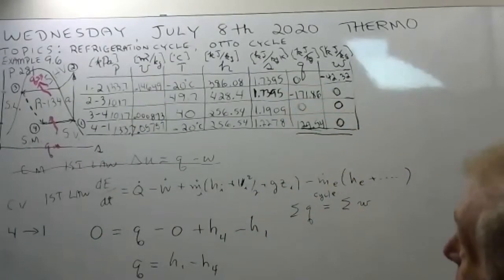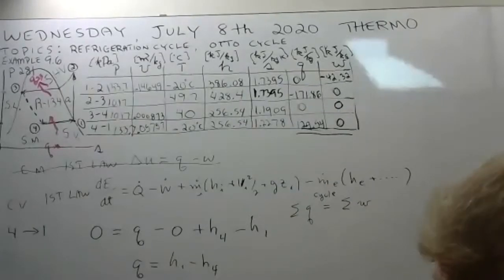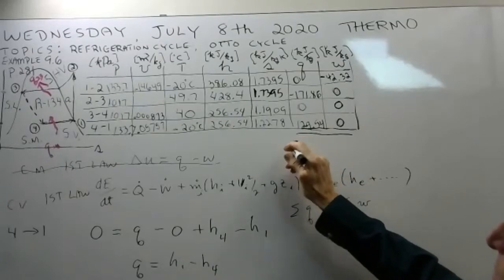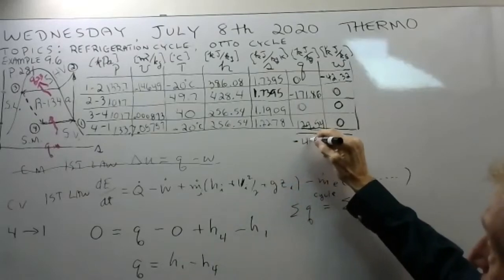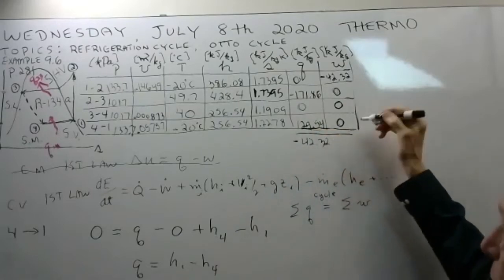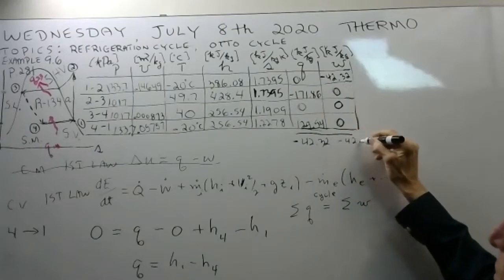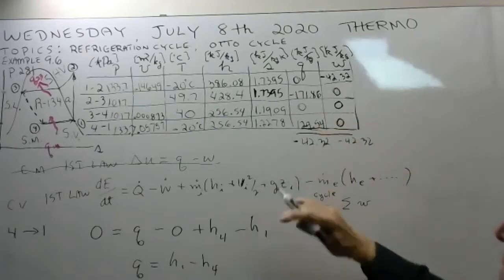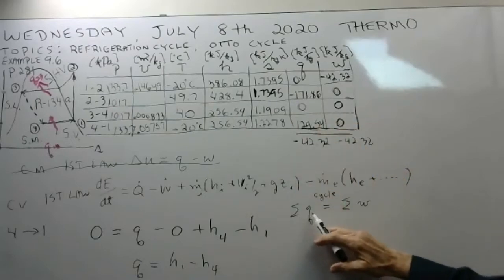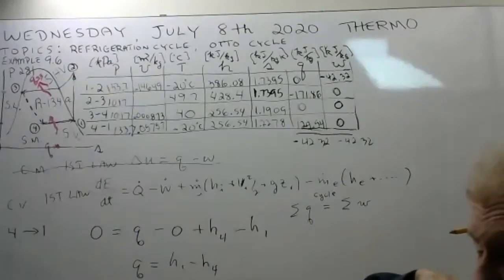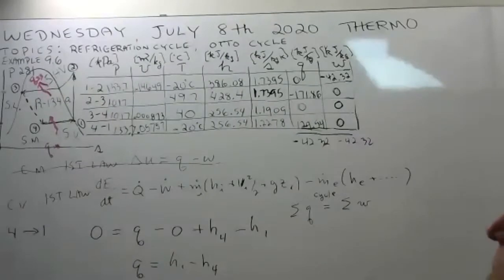Here we go. 129.54 minus 171.86. I'm getting a minus 42.32. Hey, they're the same. Look, the sum of the q's is equal to the sum of the w's in a cycle. Okay, good.